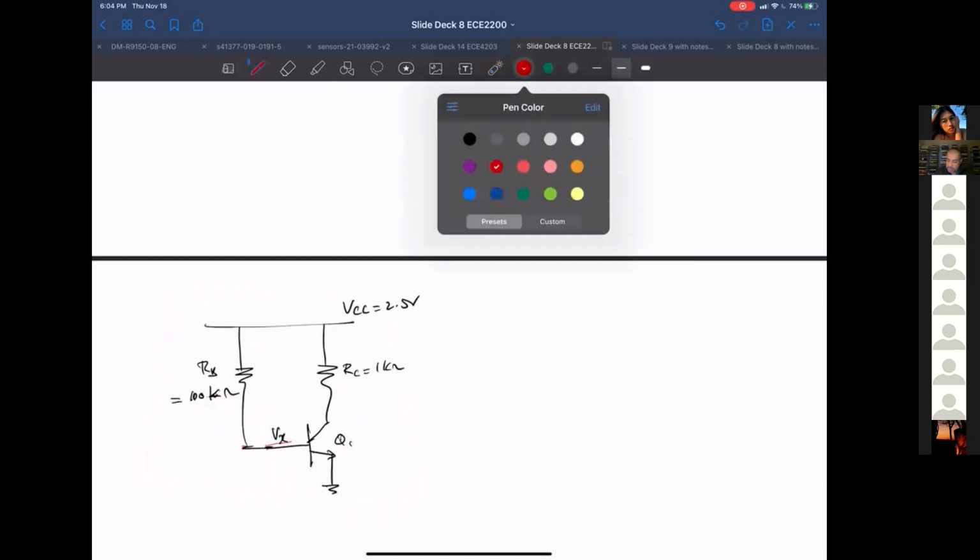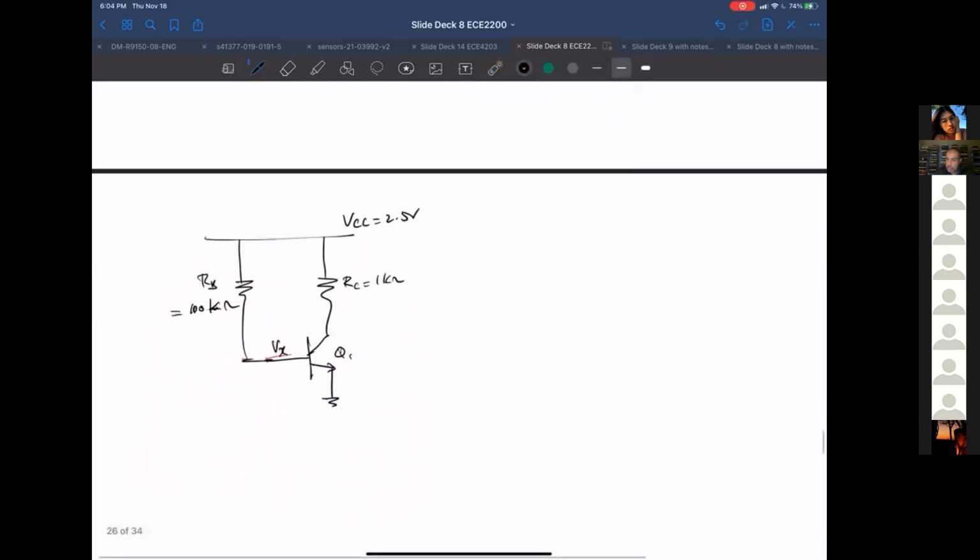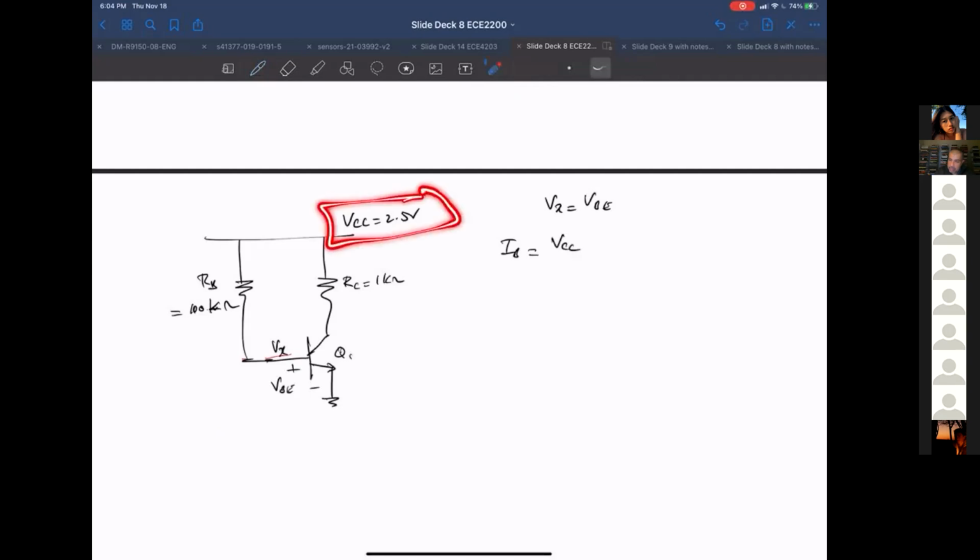So I sub B, let's say V sub X is VBE, right? So this is also the base emitter voltage. I sub B is going to be the VCC minus this, divided by this guy.